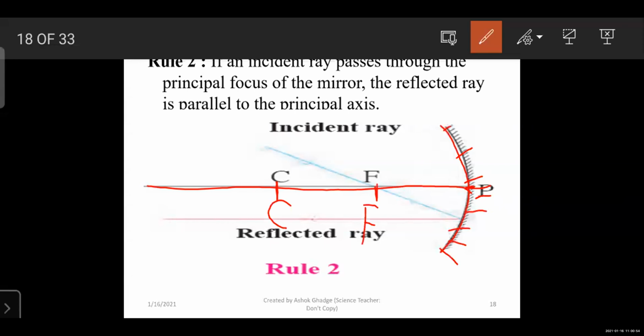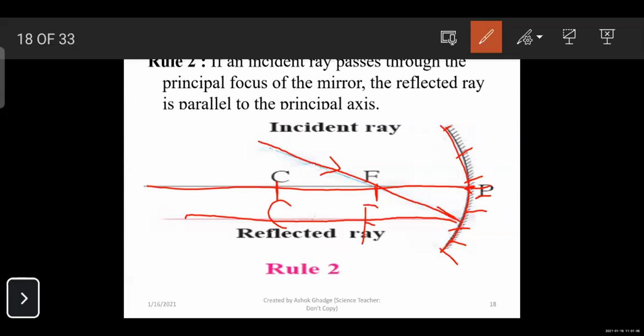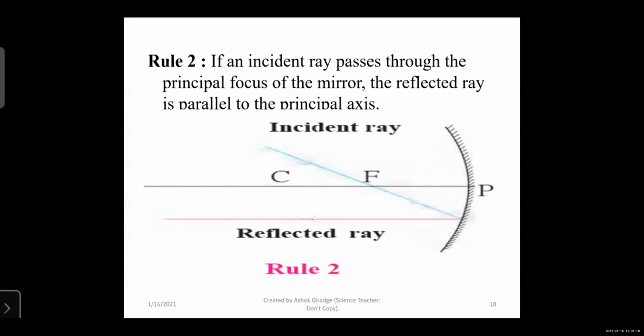The incident ray is shown by the blue line. It is passing through the focus, and after reflection, the reflected ray becomes parallel to the principal axis. This second rule is exactly opposite to the first rule.